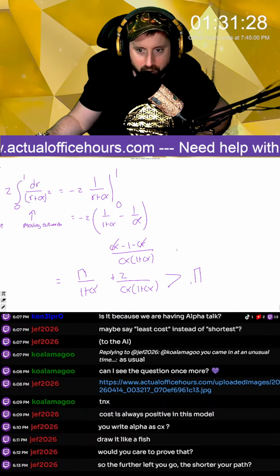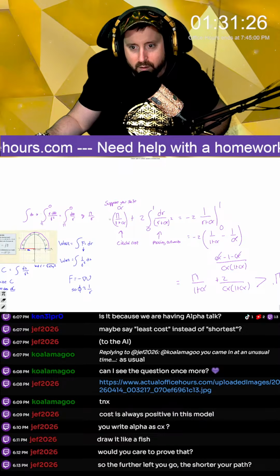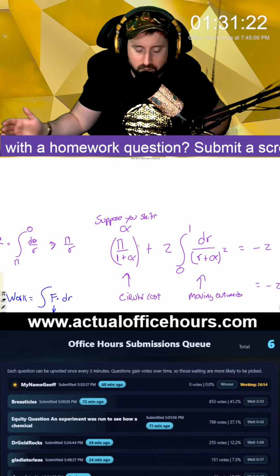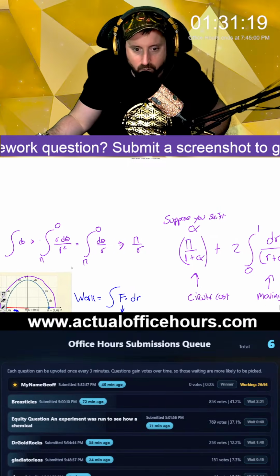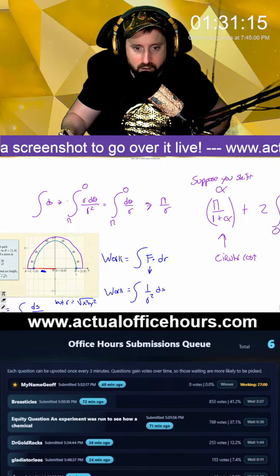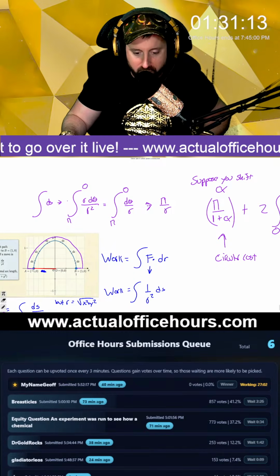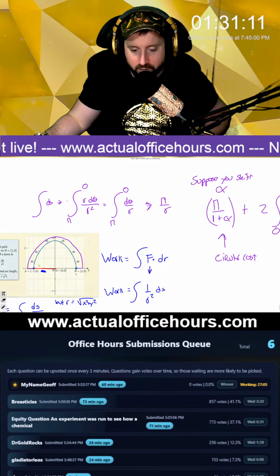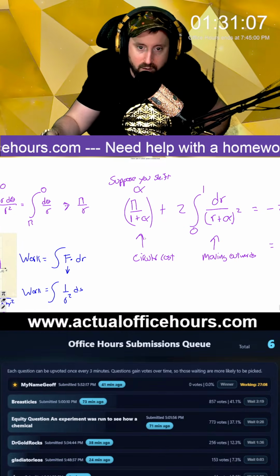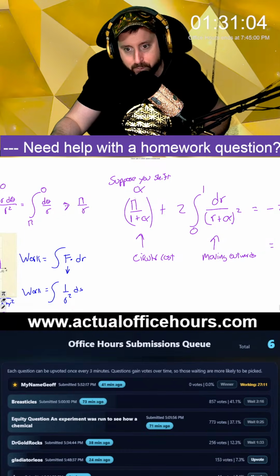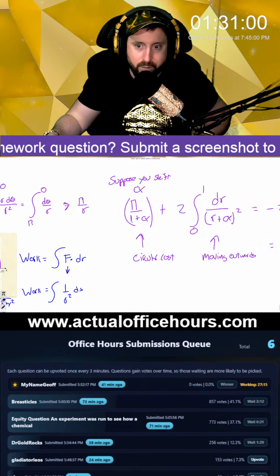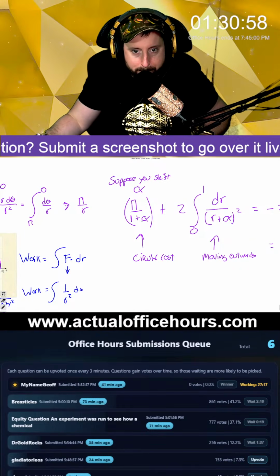Okay, so let's see how I wrote this, right? I said that your circular cost, let's say you shift alpha to the left, or from wherever your origin is, wherever you're starting, go outwards a little bit. I'm defining that as positive alpha, okay? So your circular cost now becomes pi over a bigger radius, or pi over 1 plus alpha.